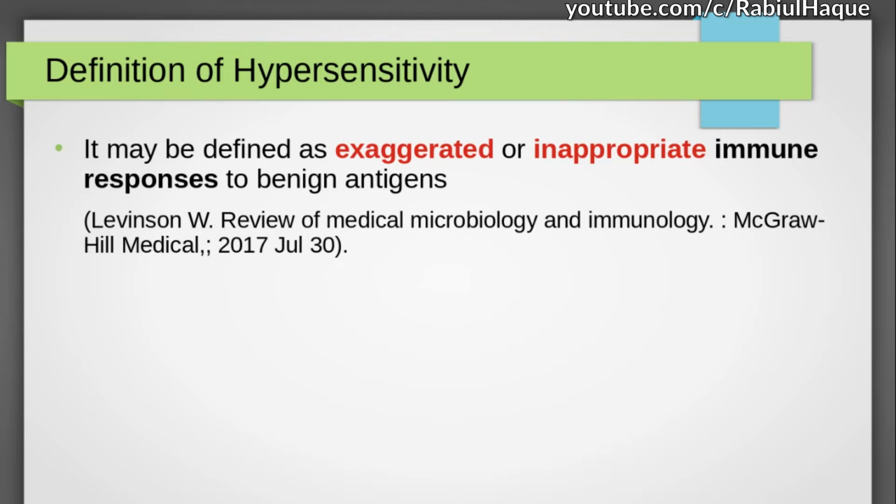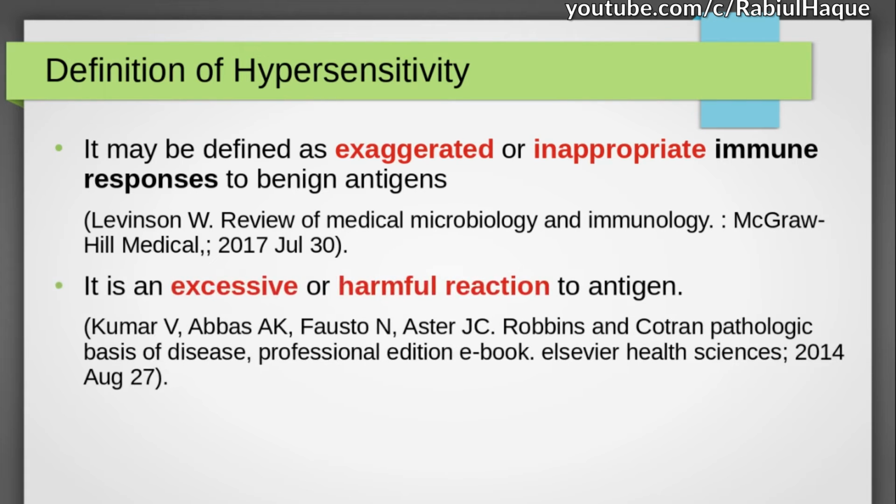However, in certain individuals, we will see that these harmless exogenous antigens may cause inappropriate or exaggerated immune response, and those inappropriate or exaggerated immune responses are referred as hypersensitivity. So we can say that hypersensitivity is an excessive or harmful immune reaction to antigen.